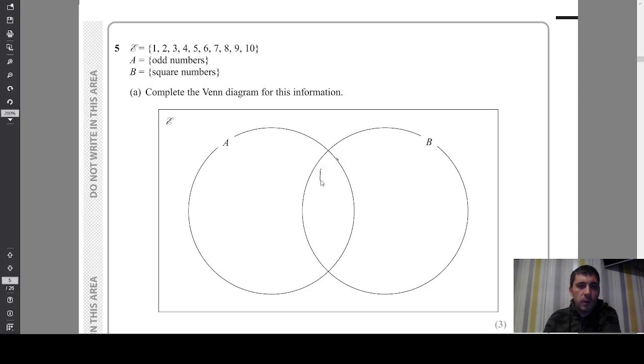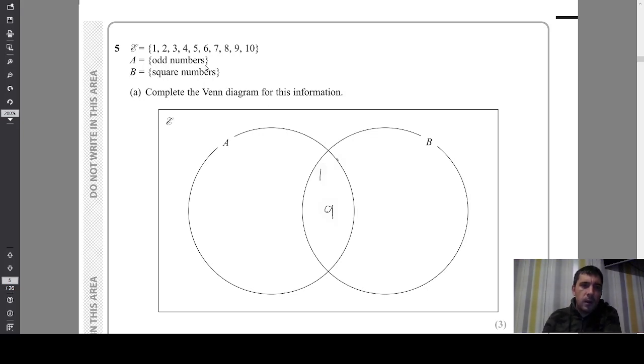Then 4 is a square number, but it's not an odd one, so we can't put it in the middle. One last number which is both odd and square is 9. So filling in the middle, that's going to be your first mark.